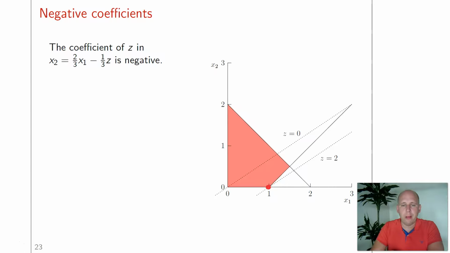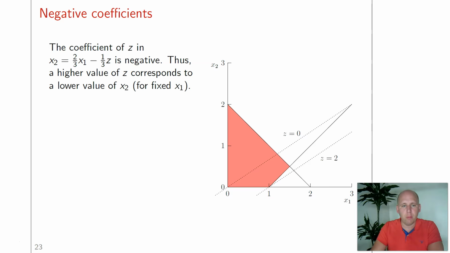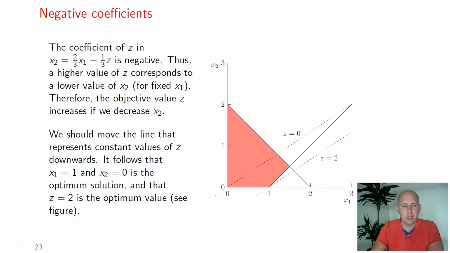There are no points in the feasible solution space where z has a higher value than 2. This line for fixed values of z is not parallel to one of the constraints, so this is also the unique optimum solution. So only x1 is 1 and x2 is 0 is the optimum solution, and the corresponding value for z is 2.